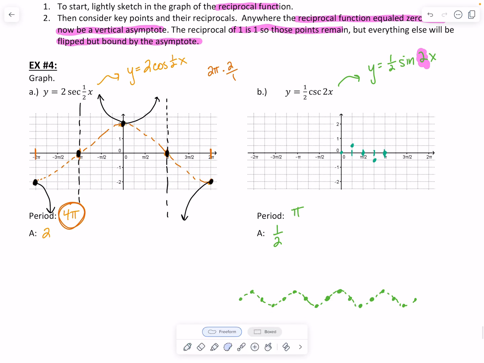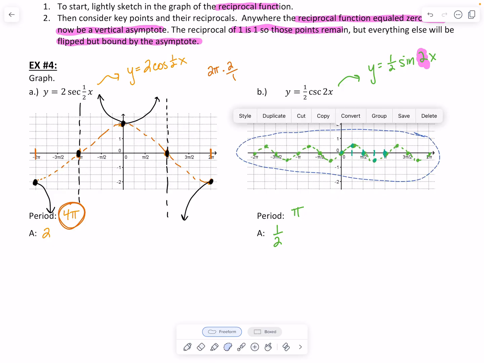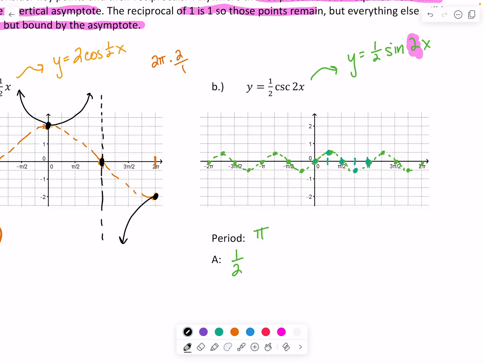Now, if the question asked me to graph the whole from negative 2 pi to 2 pi, instead of just graphing one period, I'm going to keep that cycle going and repeat that cycle over and over again, just so that I can cover the whole entire graph. If the question just asks me to graph one full cycle, then I could have just stopped from 0 to pi. Okay? All right, but we are not necessarily graphing sine, we're graphing cosecant, right?